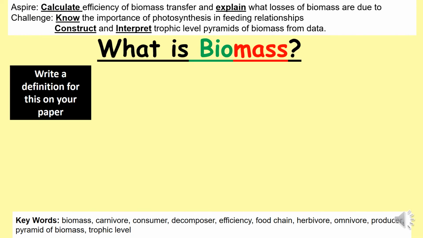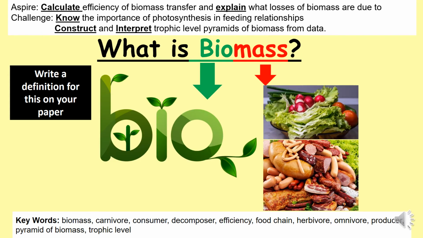Okay, let's move on. Now, on your piece of paper, if you could put the title of what is biomass, and then underneath that, if you can write down this definition of biomass that's coming once we've taken the word to bits. Bio meaning living, and mass is the amount of living matter within it.